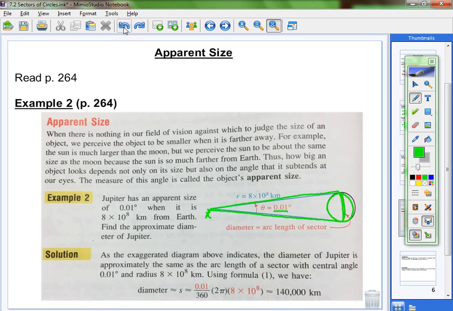So they tell us in the solution, as the exaggerated diagram above indicates, the diameter of Jupiter is approximately the same as the arc length of a sector with central angle 0.01.